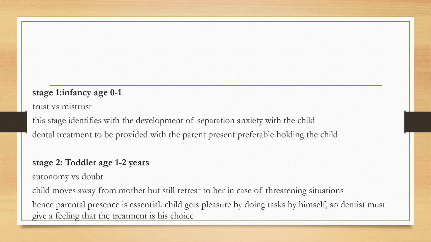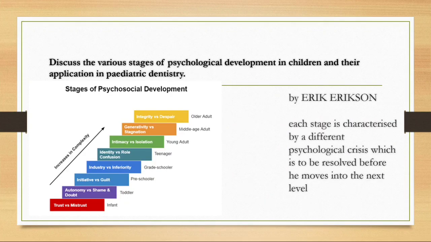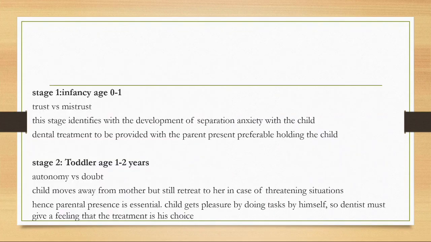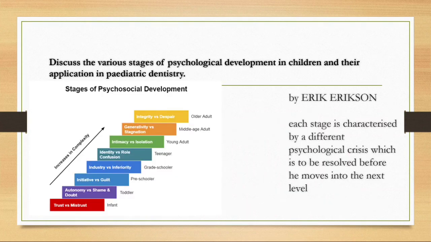That is infancy, 0 to 1, where we have the problem of trust versus mistrust. This stage identifies with the development of separation anxiety in the child; dental treatment to be provided with a parent present, preferably holding the child. Whereas in toddlers, 1 to 2 years, it is autonomy versus doubt.